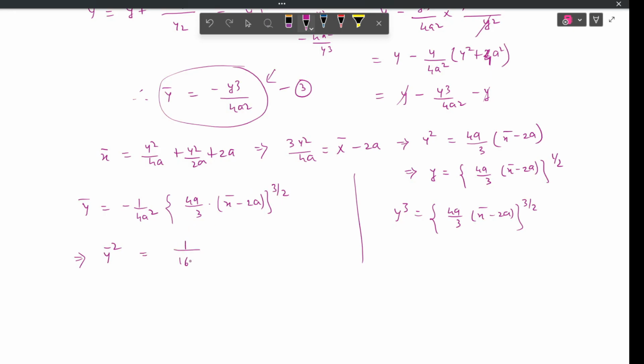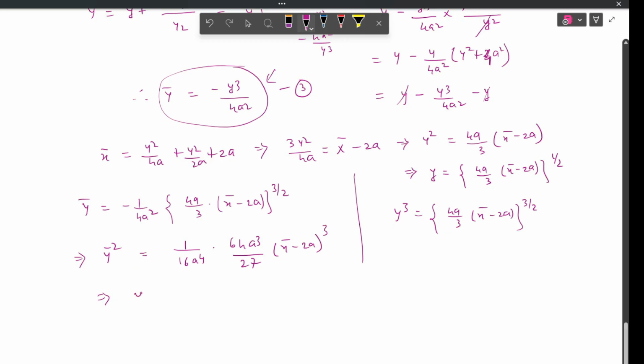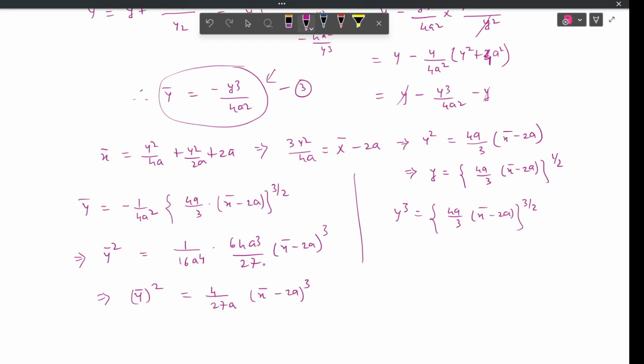This would be 1 by 16a to the power 4 square of this, and this is cube. So 4 cube is 64, a cube, by 3 cube is 27 into x bar minus 2a whole cube. So y bar square would be 4 by 27a into x bar minus 2a whole cube.